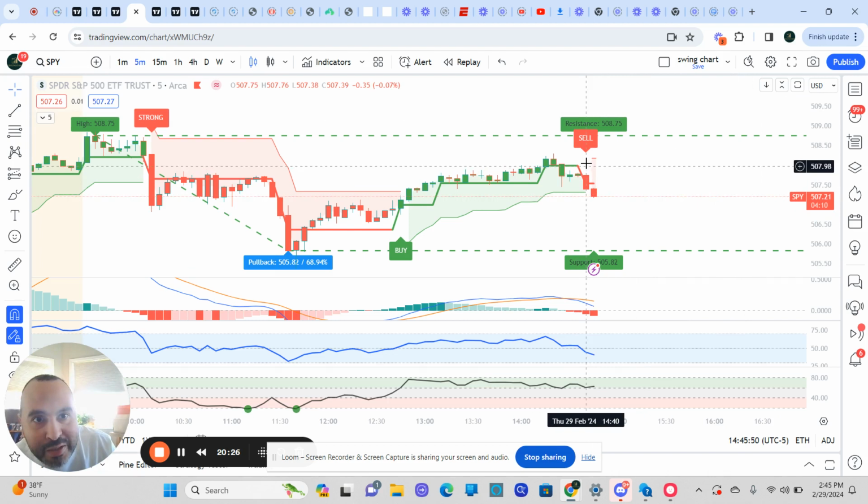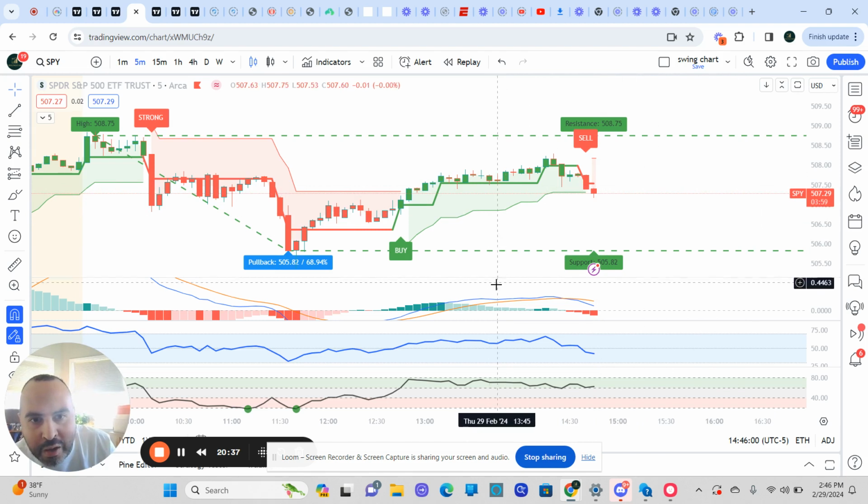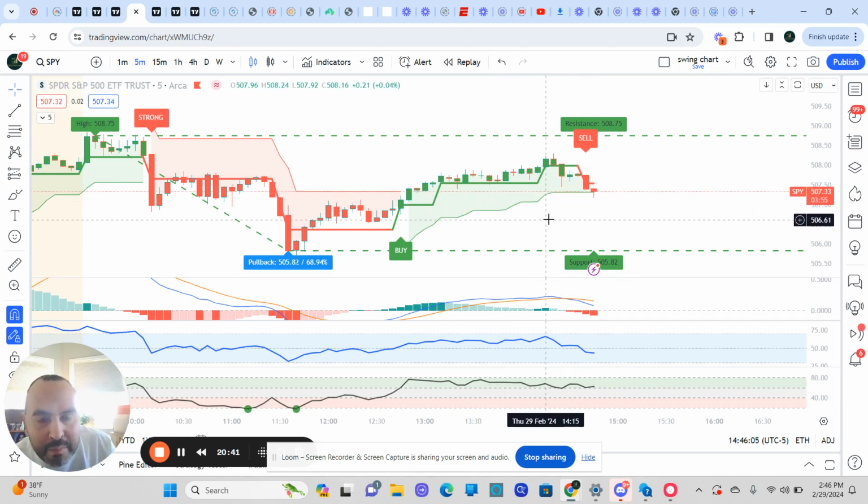But as you can see, you can absolutely still make money with this play. That may not look like a big drop on that candle, but that's 10% gains on a zero TTE right there. So that's a winning play already. And as you can see, it's starting to come up a little bit already.